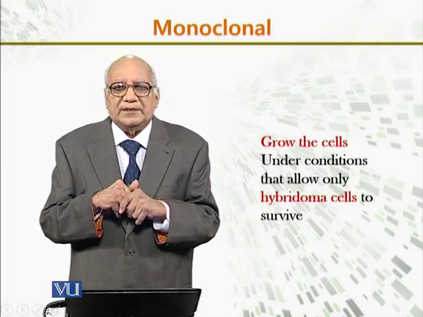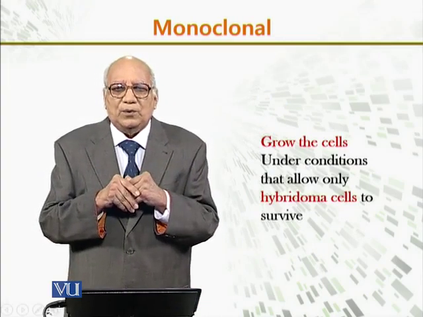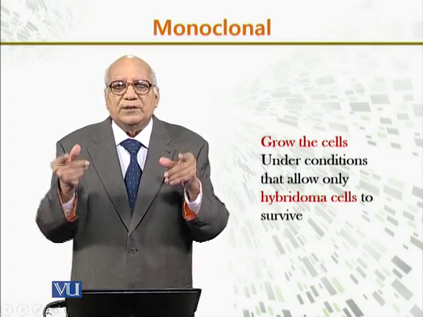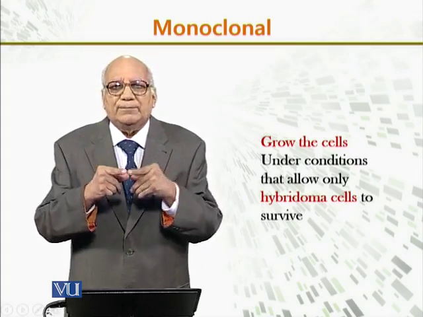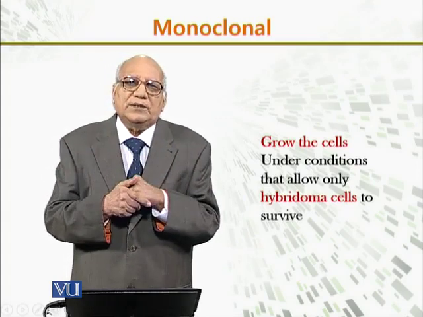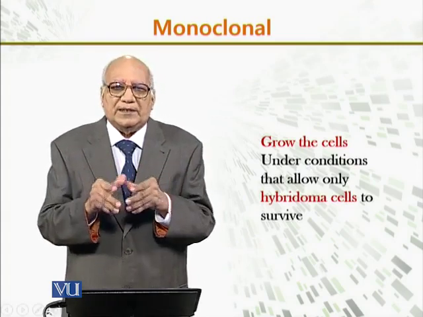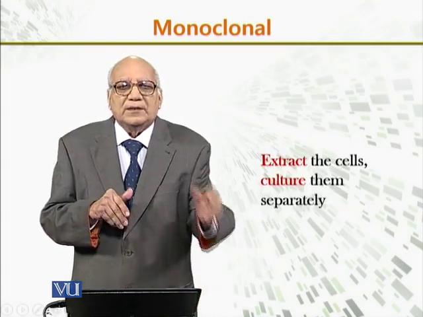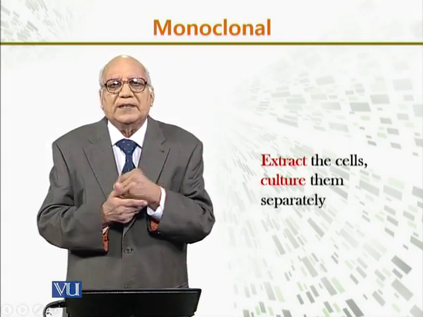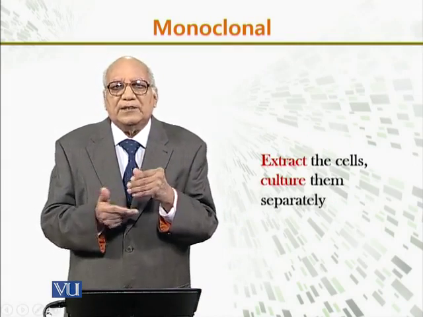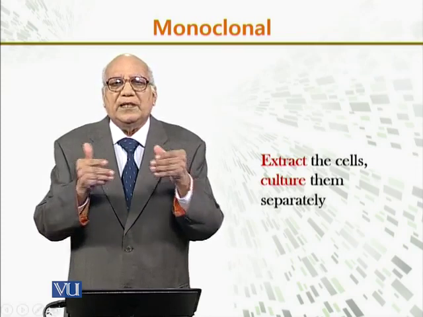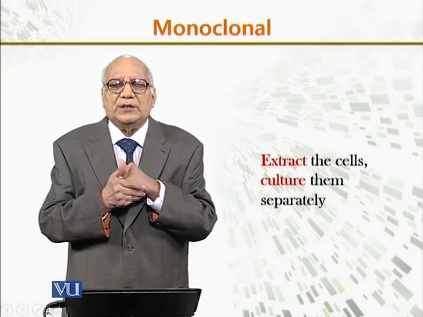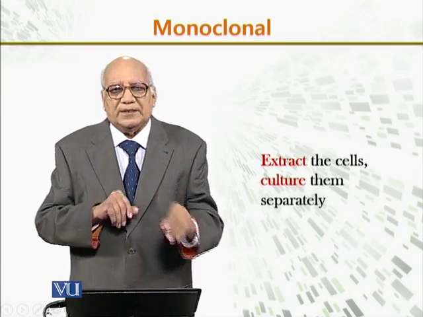Then we grow the cells under conditions that allow only hybridoma cells to survive. We take that mixture and grow it under conditions where only hybridoma cells can survive. Now, after the hybridoma cells have grown in sufficient quantity, we extract the cell culture and separate the hybridomas from the other cells.